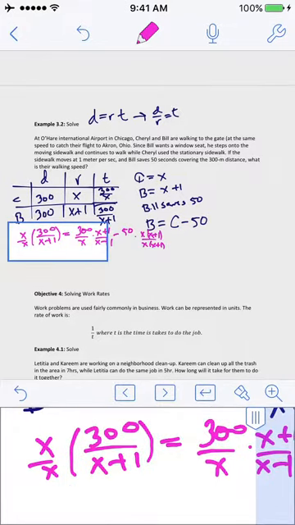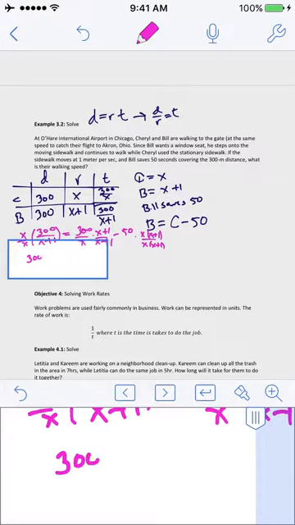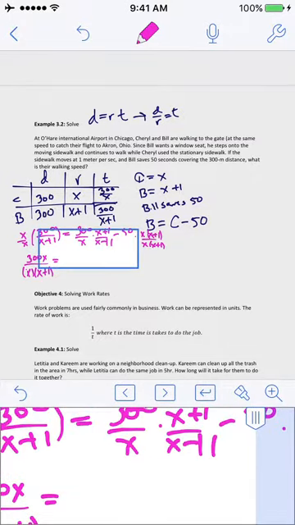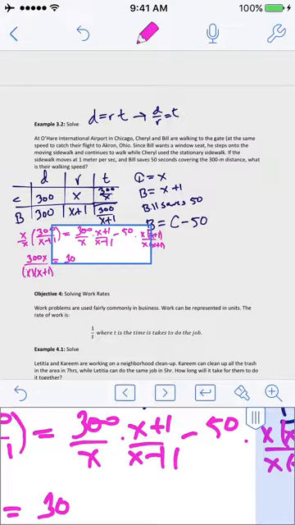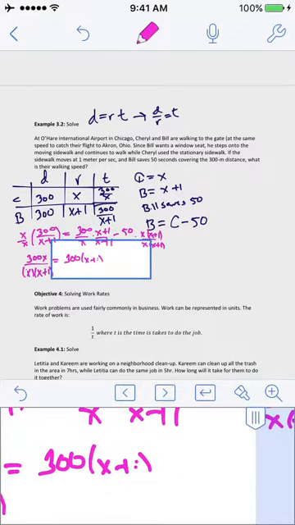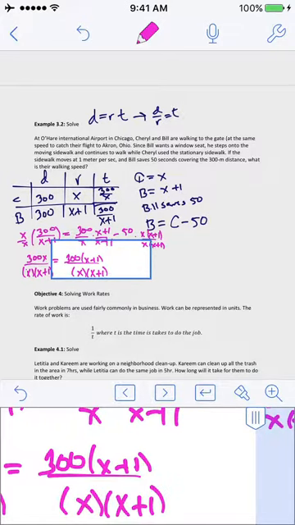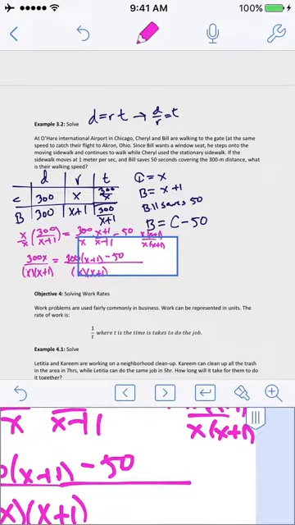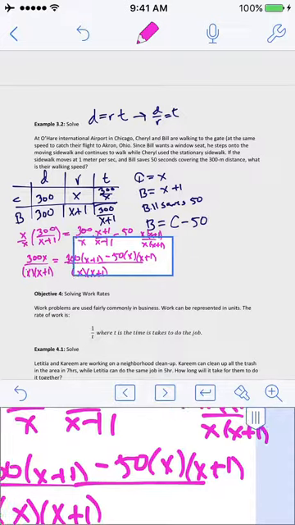Alright, we end up with 300x over x plus 1 is equal to 300 times x plus 1 over x plus 1 minus 50 times x plus 1 over again x plus 1.